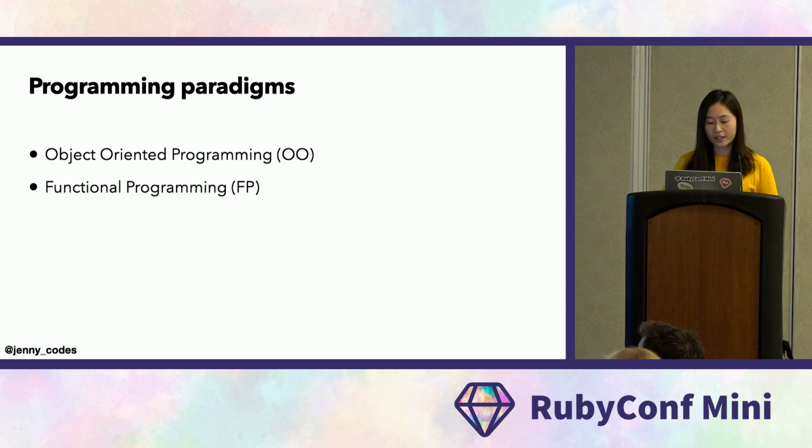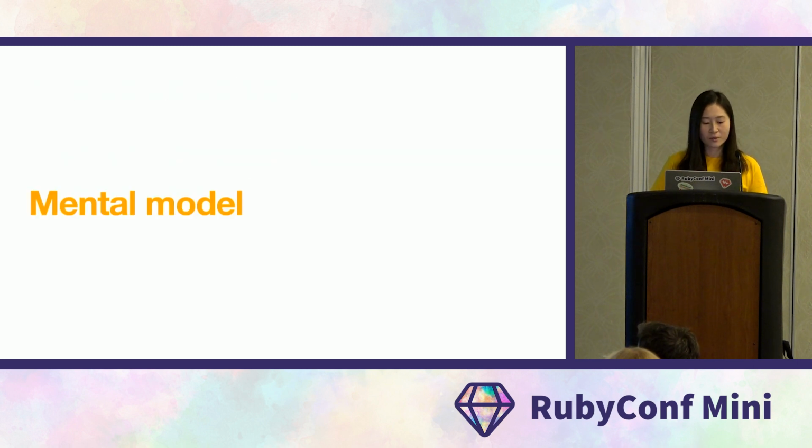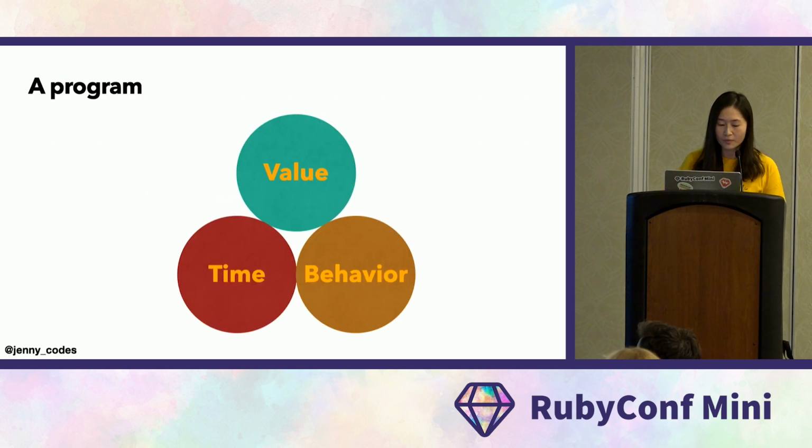Functional programming, that is the focus today, is another programming paradigm that has its own set of features, which I will talk about in detail shortly. To help us put things together, let's first look at a mental model.